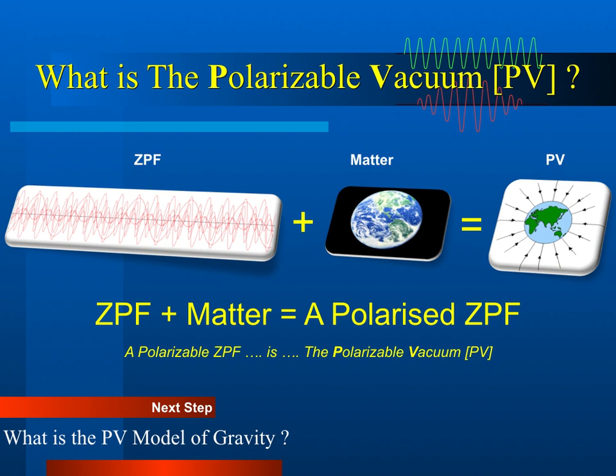As this representation depicts, the presence of matter polarizes the zero-point field, such that the zero-point field may be described as a polarizable vacuum, that is, the zero-point field plus matter equals a polarized zero-point field, and the polarizable zero-point field is the polarizable vacuum. If the polarizable vacuum involves a material overlay upon the zero-point field, from this illustration, the obvious question becomes, what is the polarizable vacuum model of gravity?